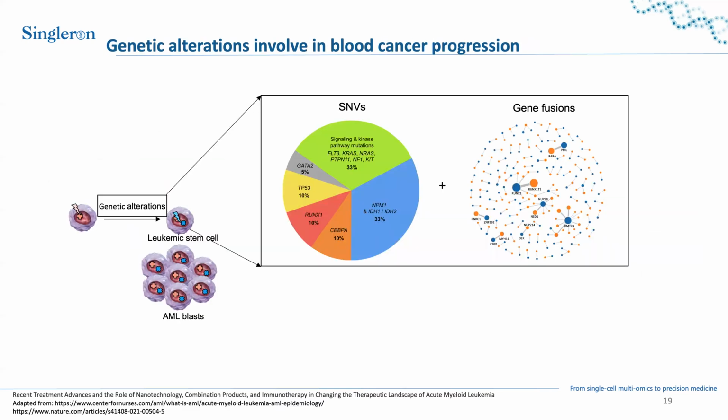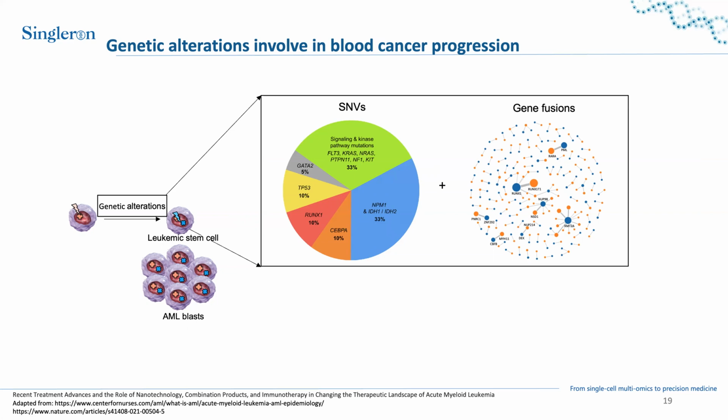Going to our next example. This is about using FocuSCOPE in blood cancer. Normally in leukemia, you will have genetic alterations, which lead to rapid growth of blood cells which are abnormal.